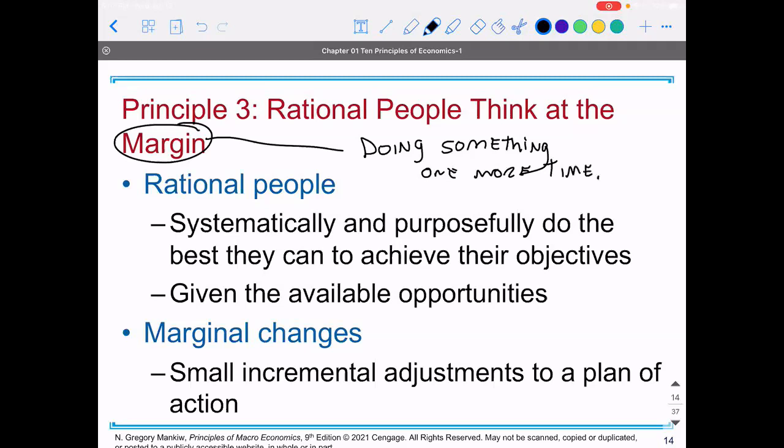So if I do something one more time, I should compare the costs and the benefits to doing so, and this is what rational people do. As an economist, I can't deal with people who do not think at the margin, right? They have to think about making adjustments based on what happens when people do a thing one more time.